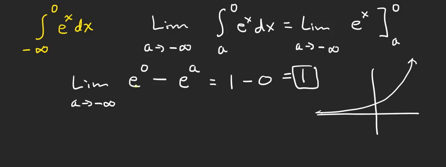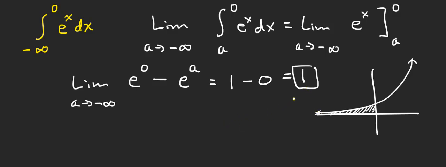Also, let's look at it graphically. What does this mean? You're finding the area underneath the curve of e to the x from negative infinity to 0. So basically, you're finding the area of this right here. When you do that, the area underneath the curve is actually 1.